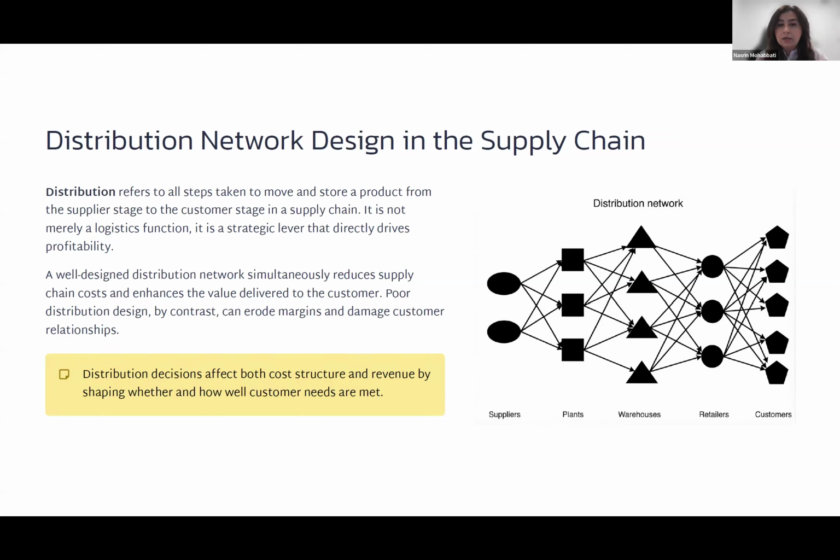The entire system is connected so that raw materials, work in process, as well as final goods can be moved around. So we need a network that connects everything together and enables us to ship the final product to our customers. And designing the network is going to directly affect the entire business.